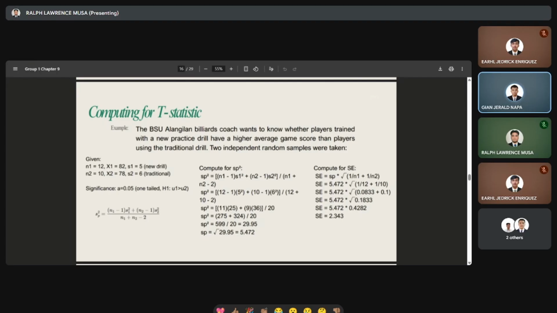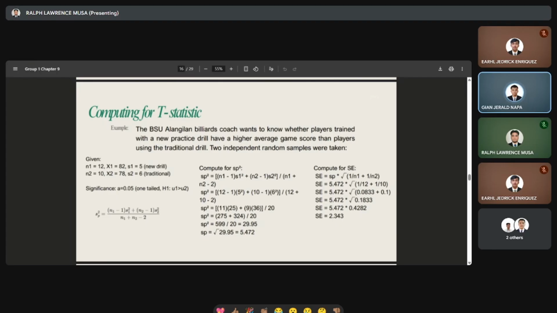So, first we will compute for S sub P. So, S sub P squared equals n sub 1 minus 1 times s sub 1 squared plus n sub 2 minus 1 times s sub 2 squared over n sub 1 plus n sub 2 minus 2. So, pag-plug in ng values, we will end up with 11 times 25 plus 9 times 36 over 20.